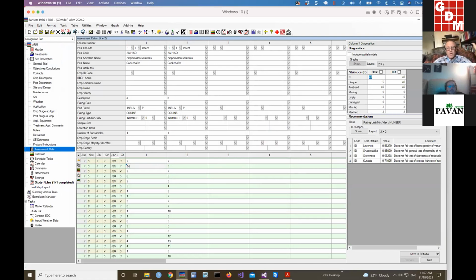And one thing I will note is that the pop-up recommendation is based on the raw values. And we now prefer to use the residuals.